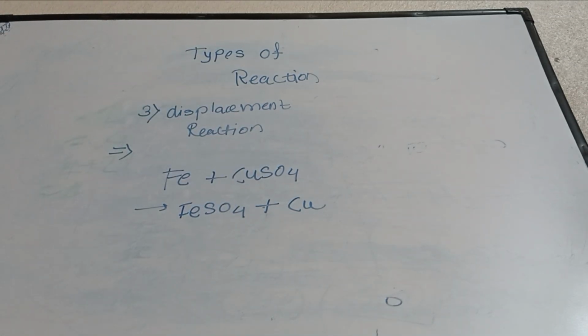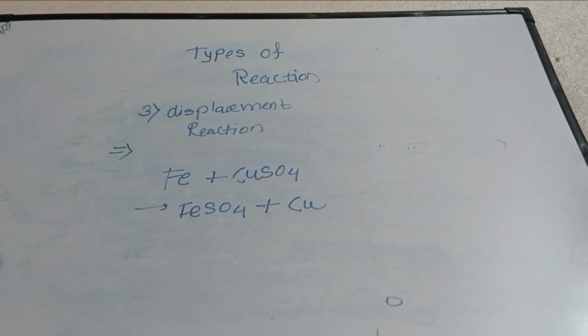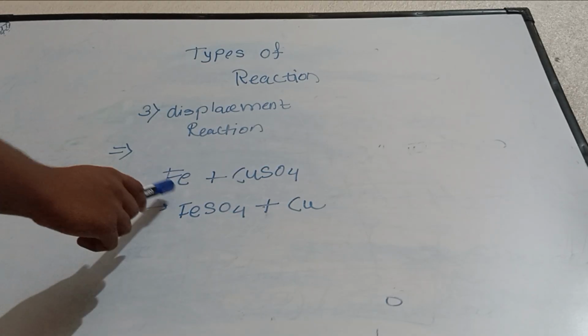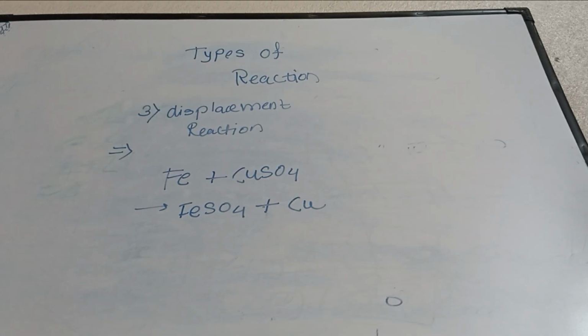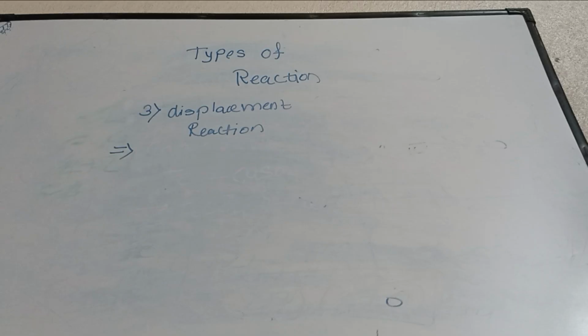If copper was more reactive than iron and they showed this equation, then it would be wrong. But here iron is more reactive than copper, so it displaced copper and joined with SO4. So how are we going to come to know who is more reactive and who is less reactive? Don't worry, we have the table here.